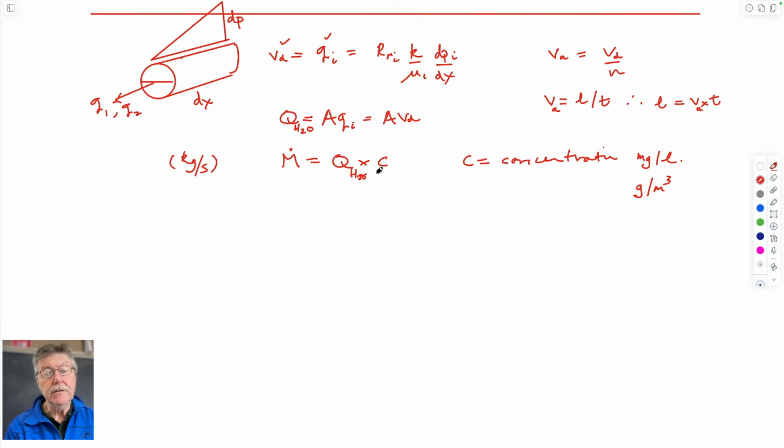And so for this concentration, the maximum would be what we'll refer to as the solubility. So you put some of it in water, and the maximum amount that will dissolve, so long as there is a surplus of that component in free phase, will dissolve.